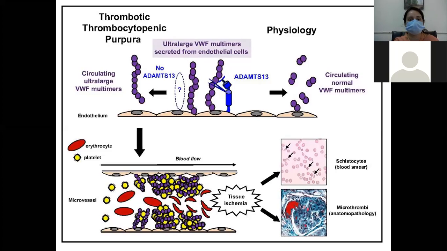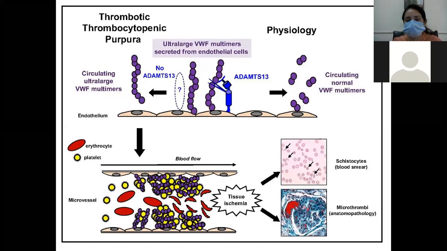In thrombotic thrombocytopenic purpura, normally blood flow is very effective, but in these patients blood flow will be affected in the small blood vessels of the body. So remember, blood flow will be affected in small blood vessels if the patient has TTP. As a result of slow blood flow, there will be tissue ischemia, and it will lead to the formation of schistocytes.